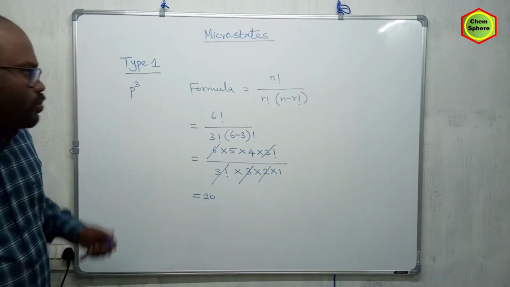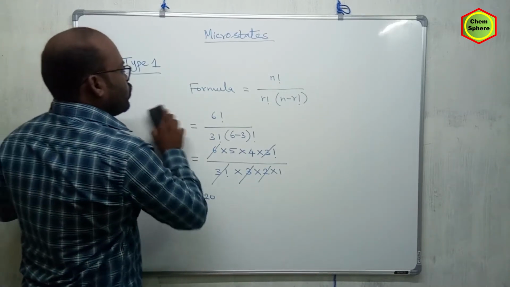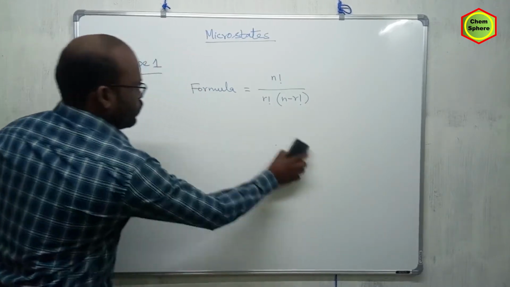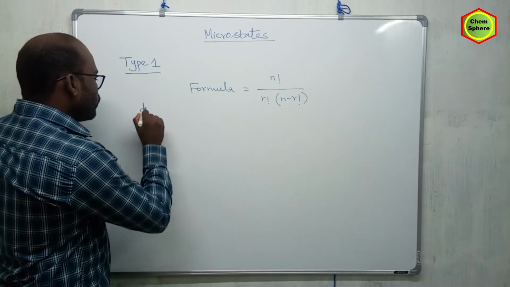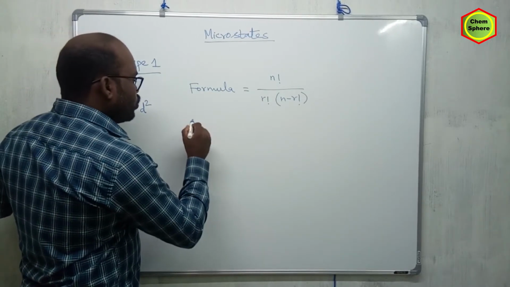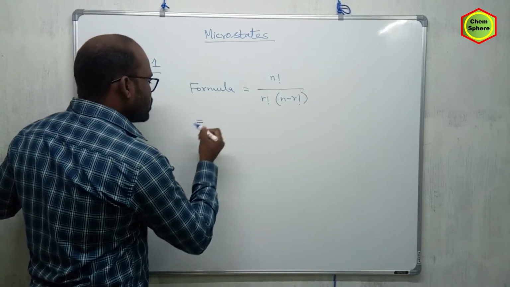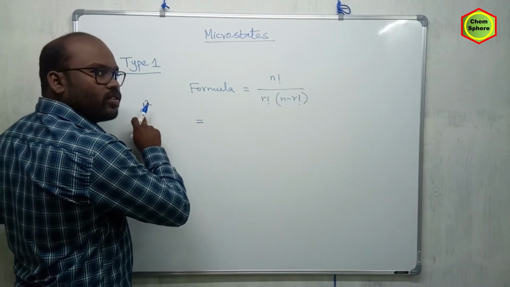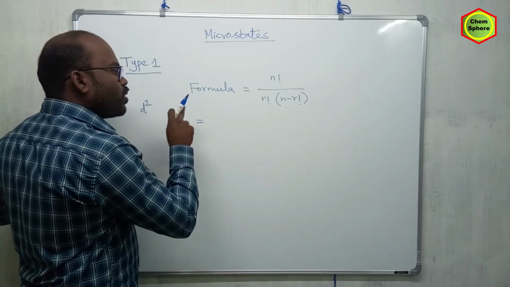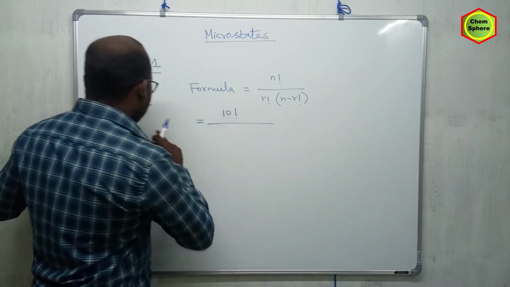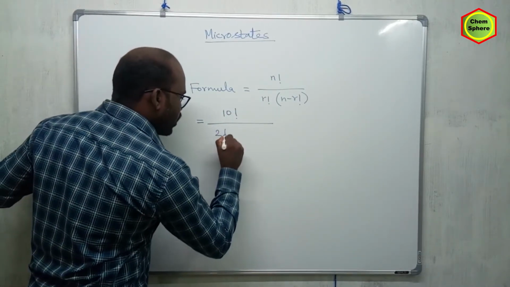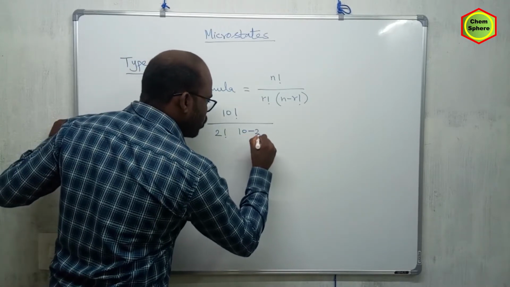Let's take another example. Let's take d2. For d2, the total number of microstates will be, d means 5 orbitals, twice the number of orbitals, 5 means 10 factorial divided by 2 electrons, so 2 factorial, 10 minus 2 factorial.